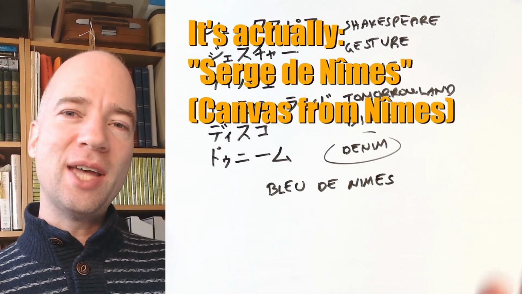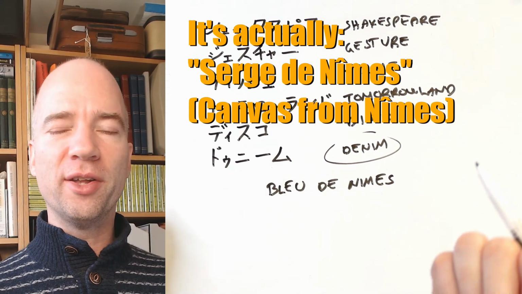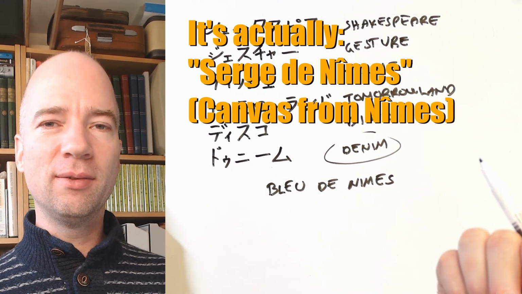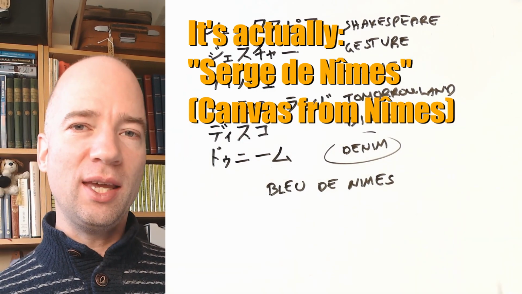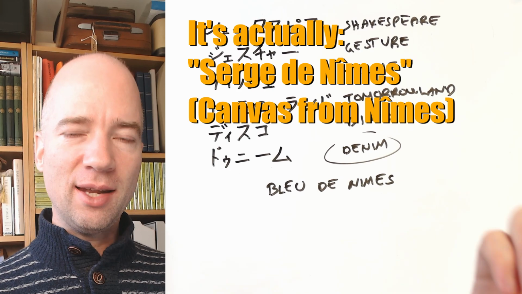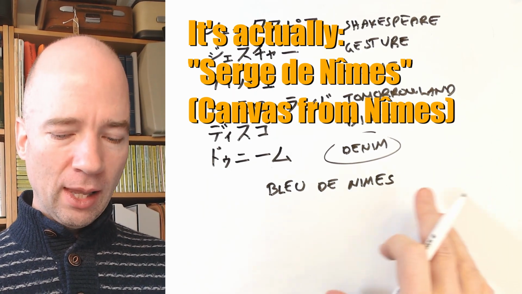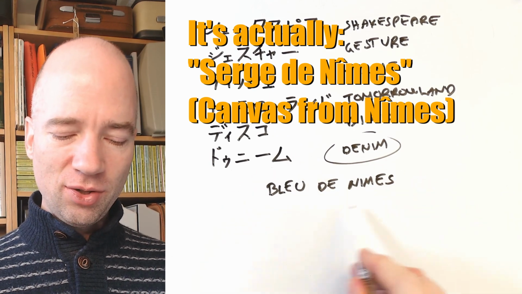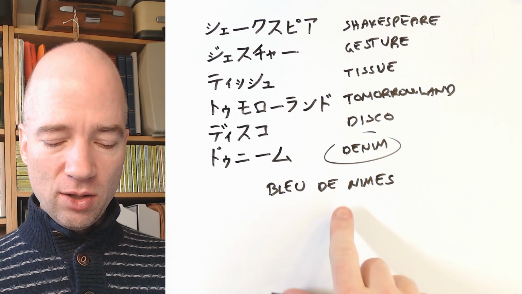So it is blue from the city of Nîmes, which is one of the places in France where they would weave cloth and they would dye it with indigo. So you had that denim blue colored cloth, and that would come from Nîmes. And that is what turned into the word denim in English.